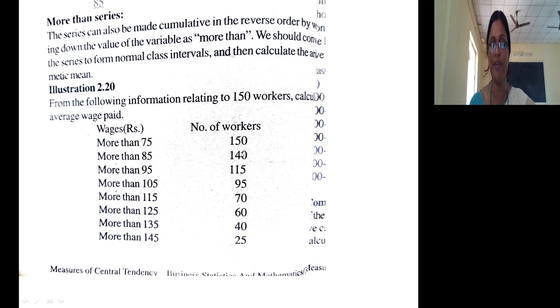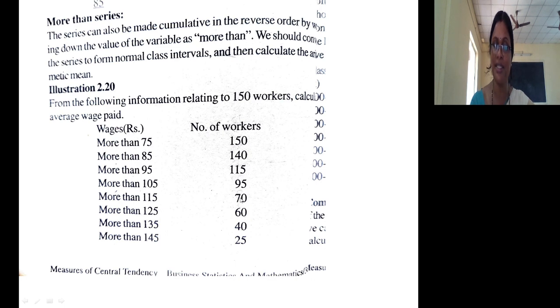Then, as far as frequency is concerned, for the last class interval the frequency is 25, because all frequencies are cumulative from bottom to top, in reverse order. For the last class interval, the frequency is 25. The frequency of the last but one class interval is 40 minus 25, which is 15. The frequency of the next class interval from the bottom is 60 minus 40, 20.